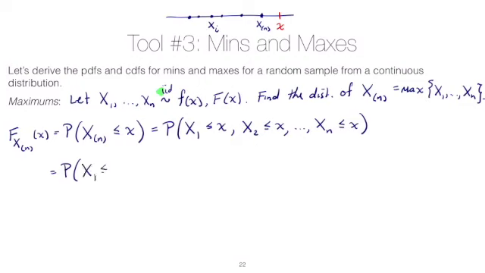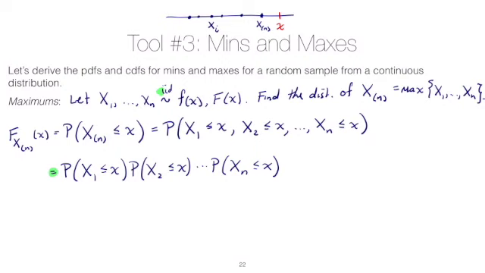So we have the probability that x1 is less than or equal to x, times the probability that x2 is less than or equal to x. Keep multiplying all the way up through the probability that xn is less than or equal to x. So we've used independence there.